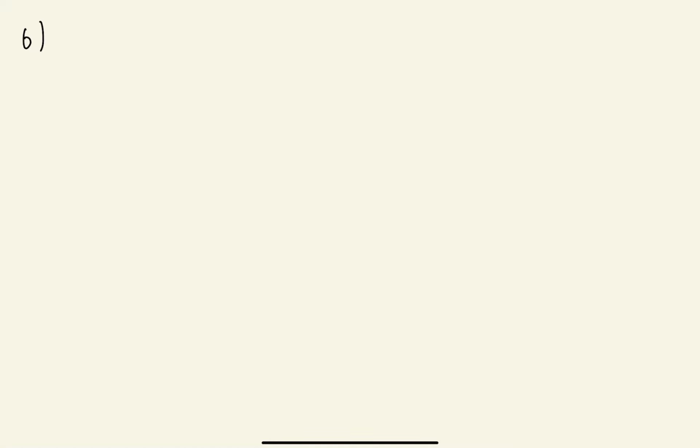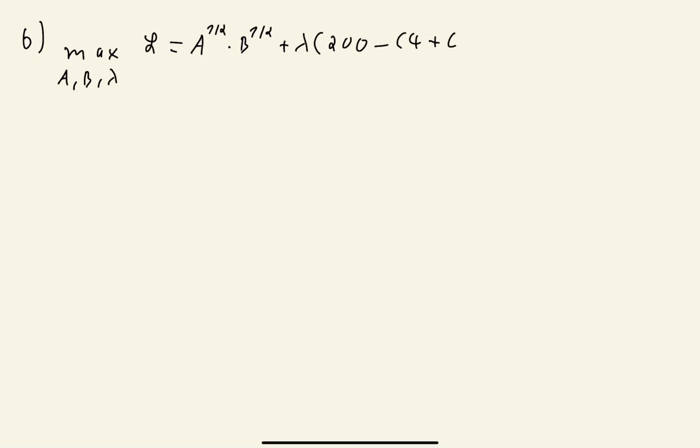So let us consider the optimization problem again now. We are maximizing over capital A, capital B, and lambda our Lagrangian function, which is now given by the following: A to the power of 1/2 times B to the power of 1/2 plus lambda times 200 minus 4, and now 4 is the price of apples, but in addition we have to pay TA, an amount TA for each unit of apple that we're consuming.